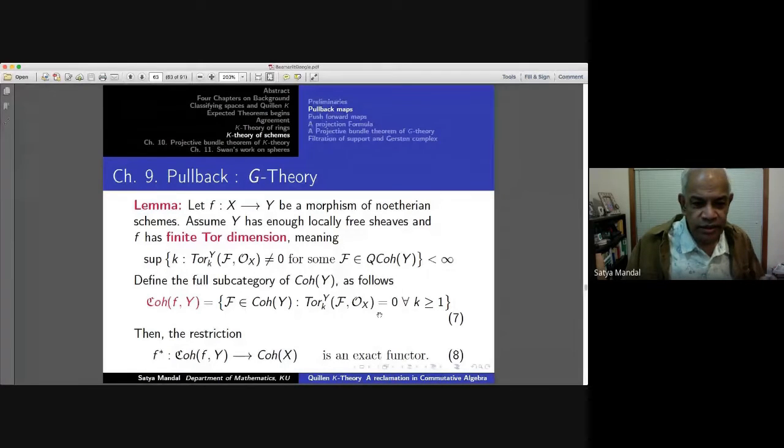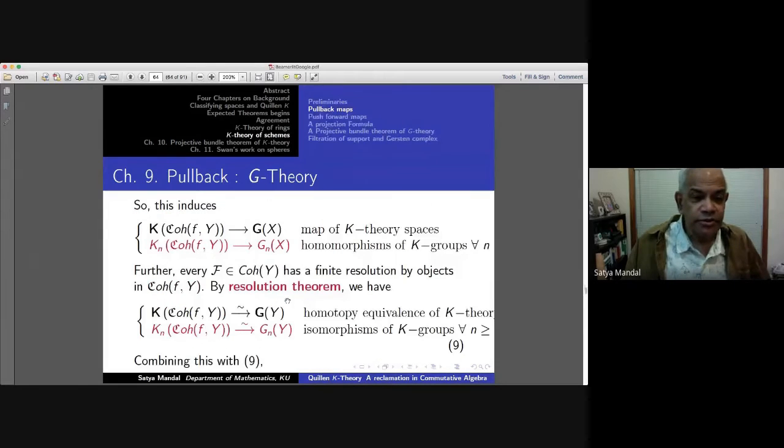This makes perfect sense in the affine case. Because of this condition, if you restrict your original functor, that's exact. This is a trick used often, and then you can define maps of K-theory spaces of this subcategory, K of COH(f, Y).